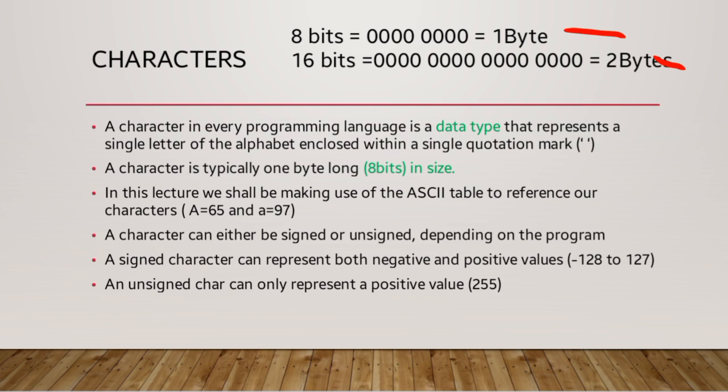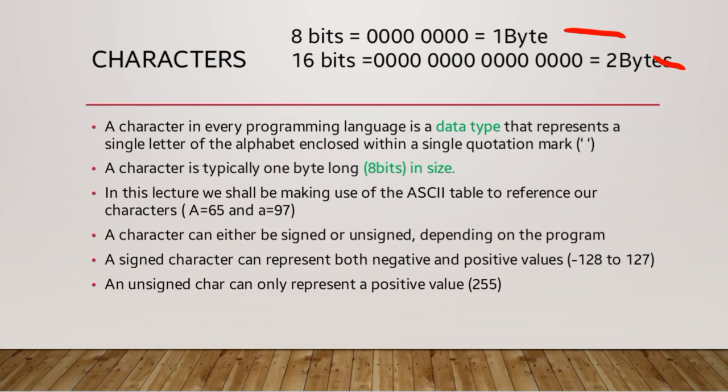We also went further to say a character can either be signed or unsigned, depending on what program you're working with. If I am working with an encryption code, a code that takes in data, encrypts it, or hashes that data into some cryptic form that can comprise both negative and positive values, then I will suggest a signed character for you.